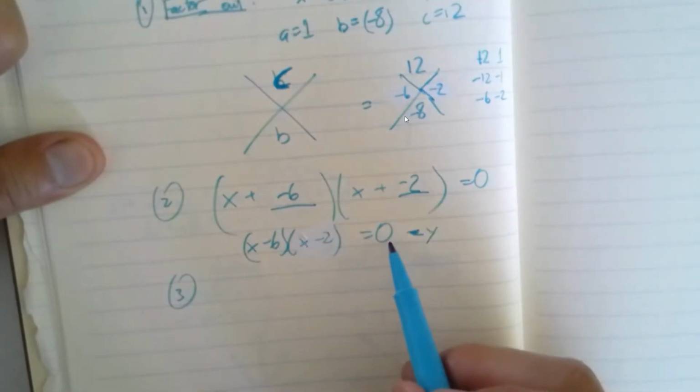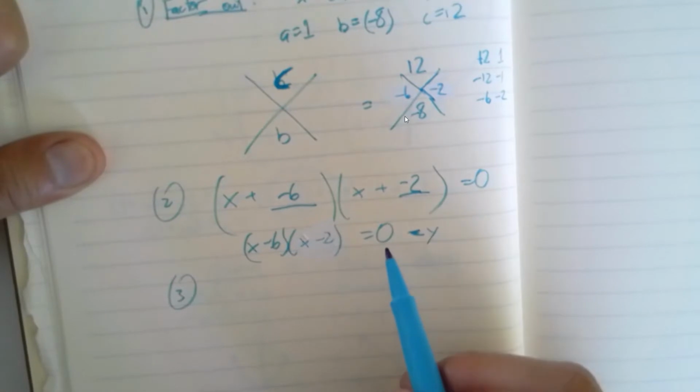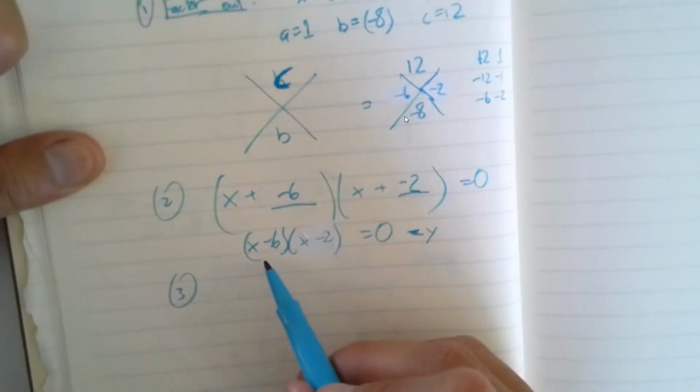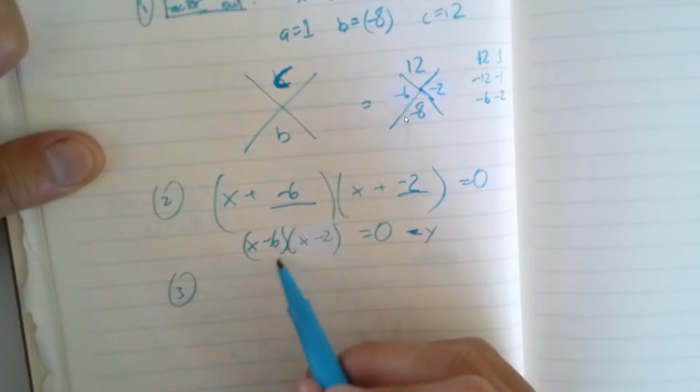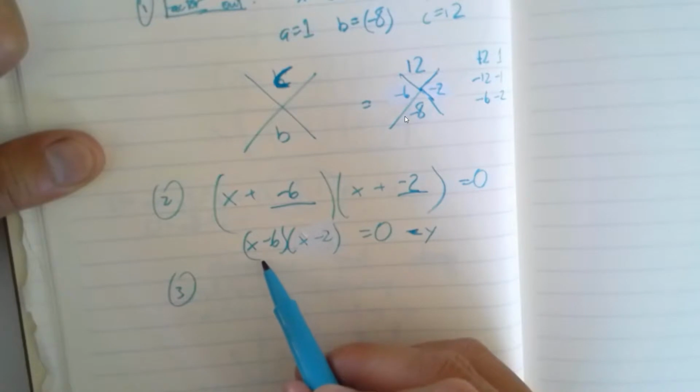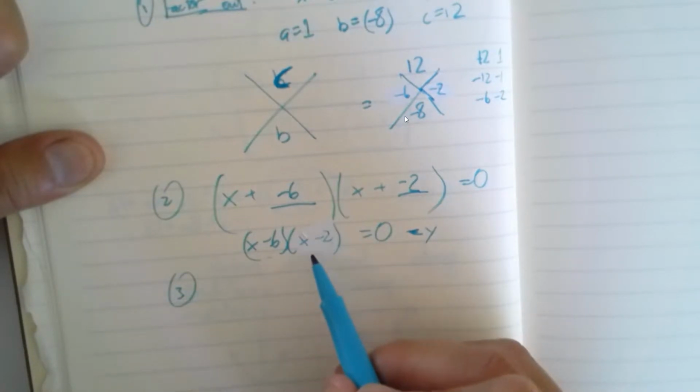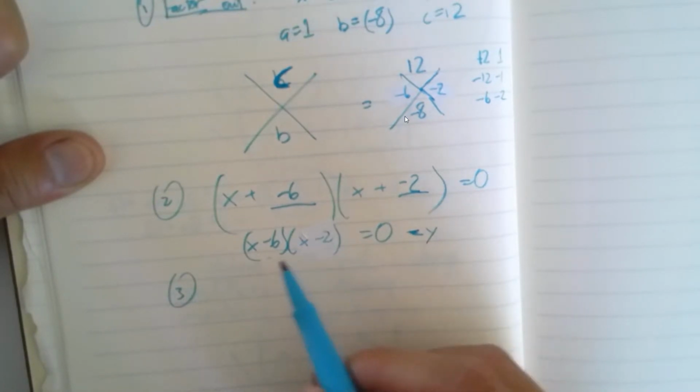That sounds really hard, but you just have to think of an x value that you can plug into this parentheses and make it equal to 0. Because if you can make this equal to 0, 0 times whatever is in here will make this 0 too. 0 times anything is equal to 0.